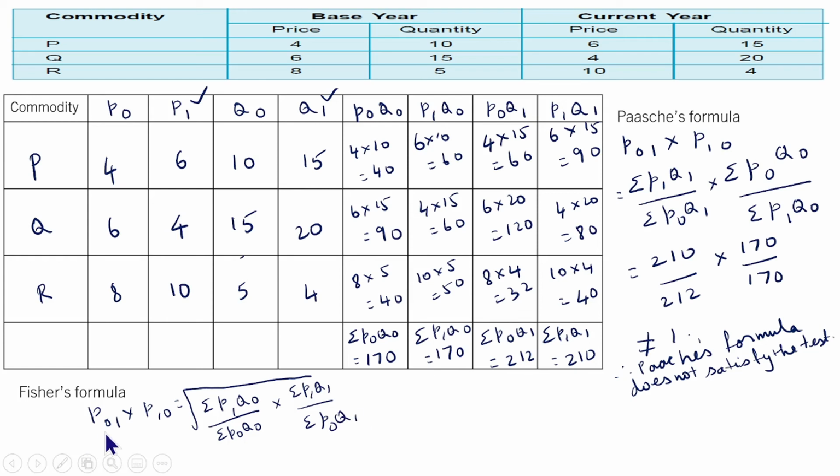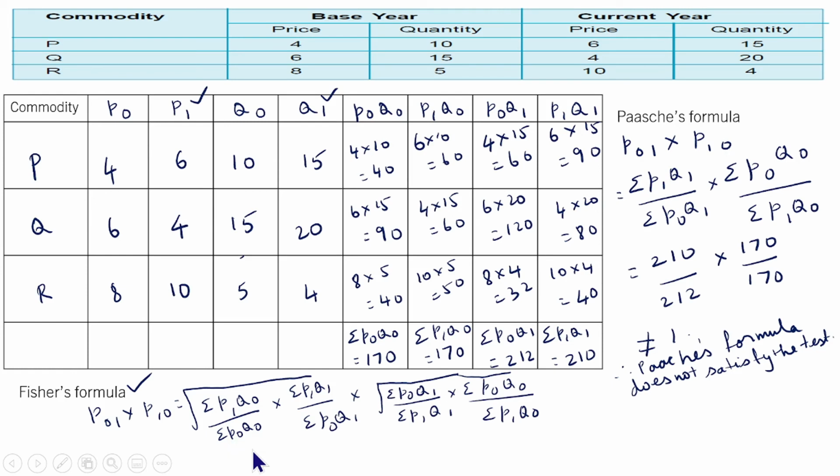This is P01 into P10, it is into root of summation P0 Q1 upon summation P1 Q1 into summation P0 Q0 upon summation P1 Q0.